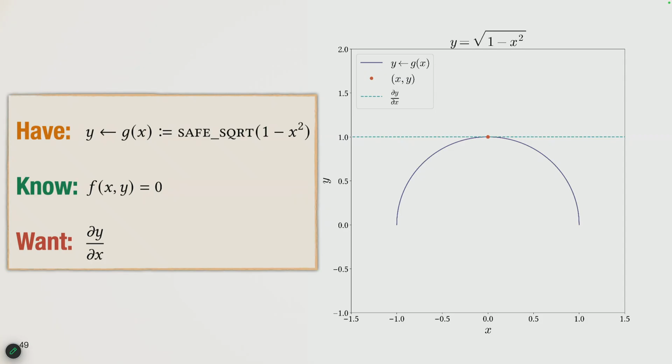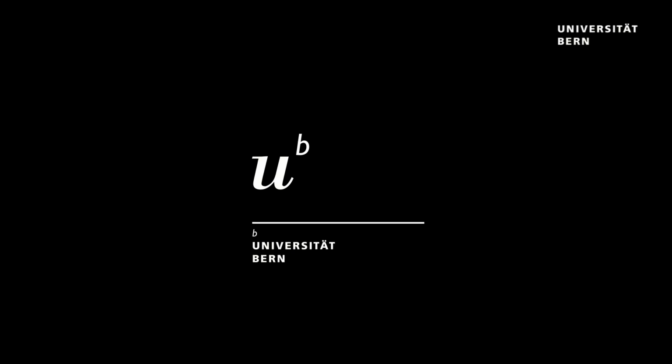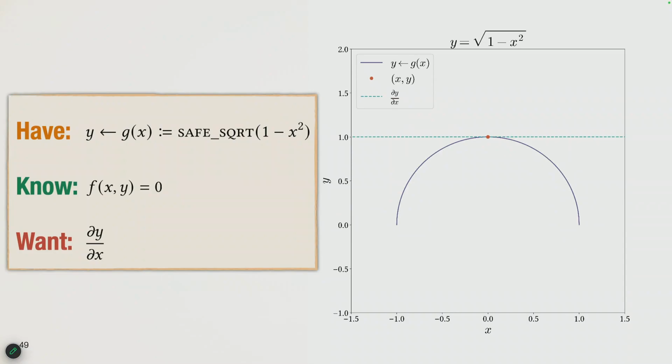Or maybe it's implemented in hardware and you can't trace all the operations using PyTorch's backward mode differentiation. The thing we're going to want to compute is dy dx. So that's basically this teal tangent line, which you can luckily see on the projector. I was worried about that.